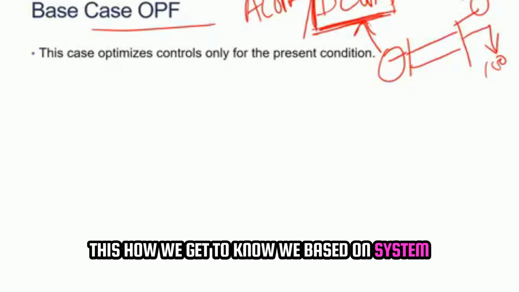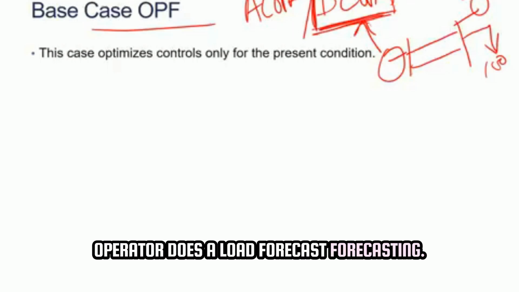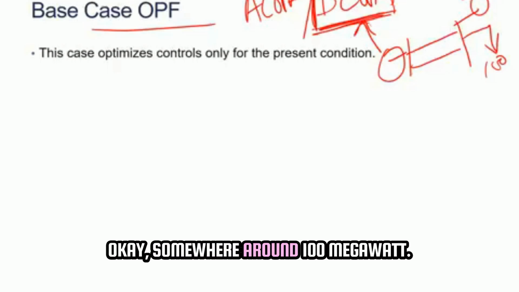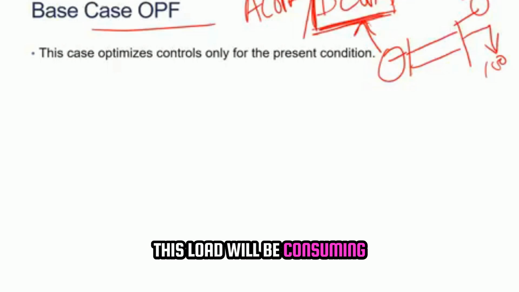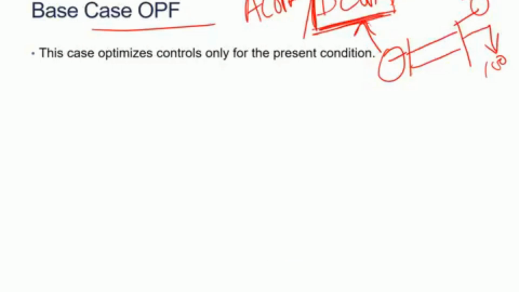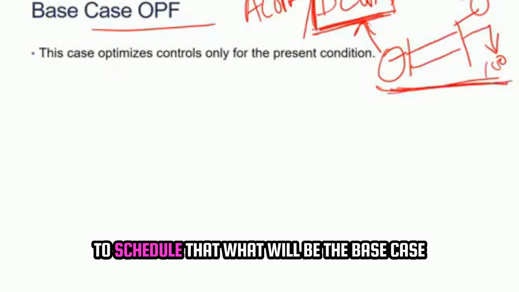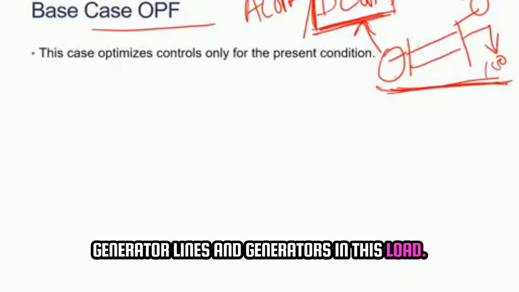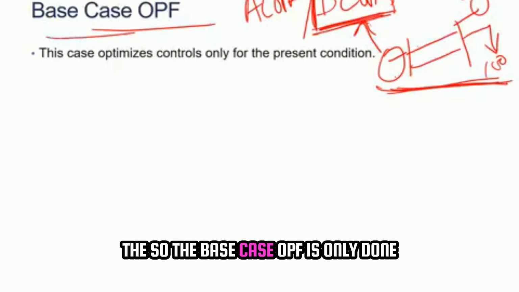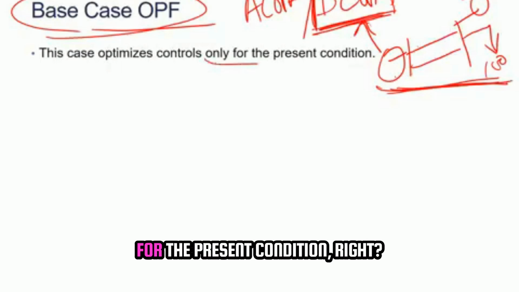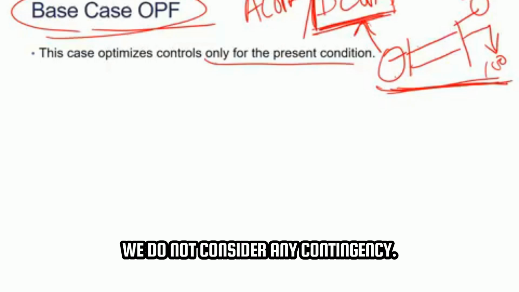The system operator does a load forecasting, and based on this forecast he gets the value that somewhere around 100 megawatt this load will be consuming at a particular time interval. So at this snapshot we will try to schedule the base case generators, lines and this load. The base case OPF is only done for this base case snapshot, so only for the present condition, without taking any contingency. We do not consider any contingency.